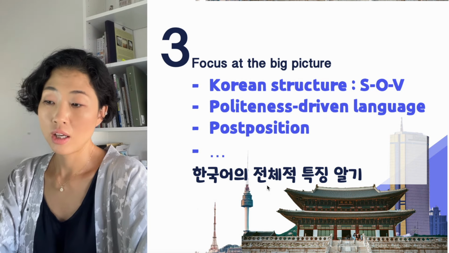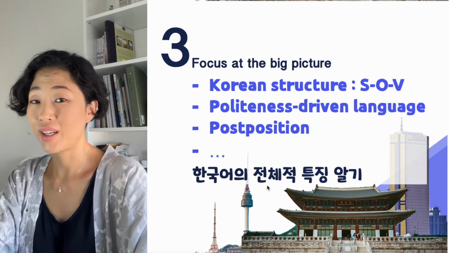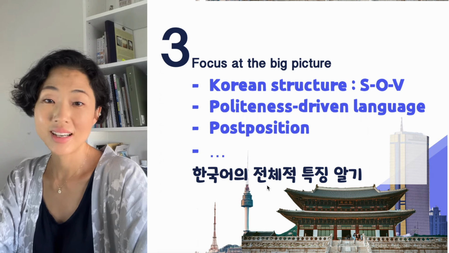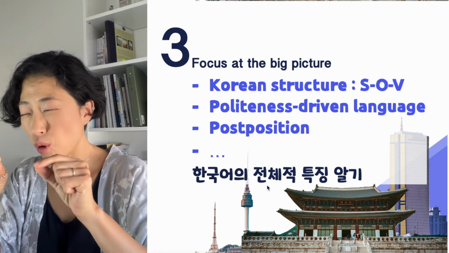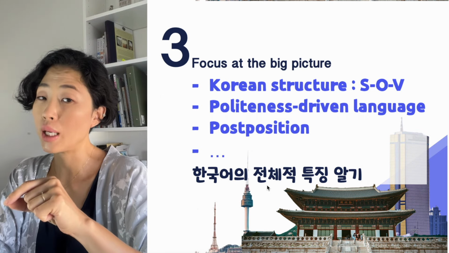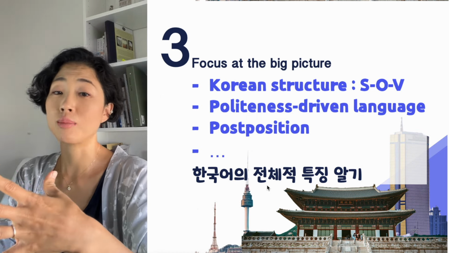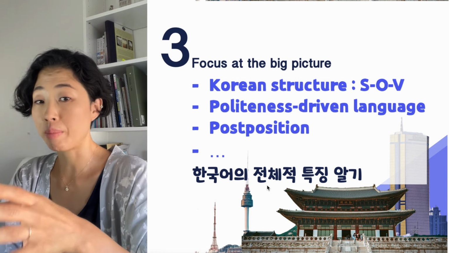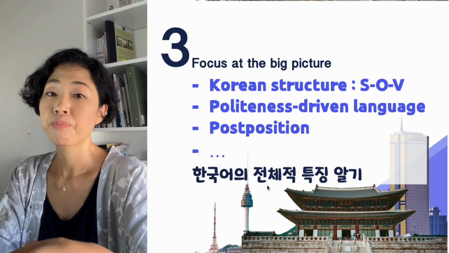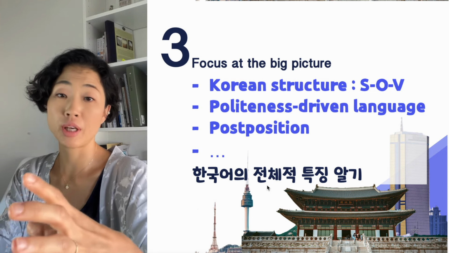Number 3, focus on the big picture. What does it mean? It means you should not only focus on small things, details, or trees. Of course, that is needed when you become intermediate or advanced level, but at the very beginning, at a beginner level, you have to focus on the big picture.